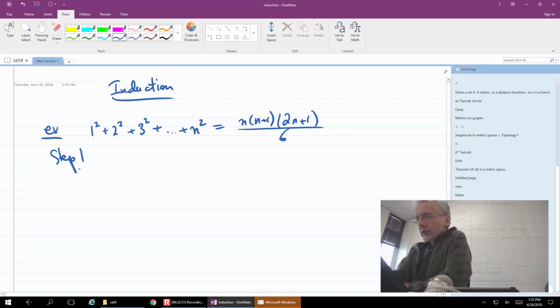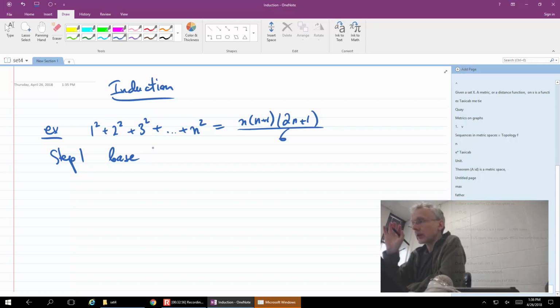Step 1, what's step 1? Base. Okay. Base, you can choose any one that is reasonable. It doesn't make any difference whatsoever.